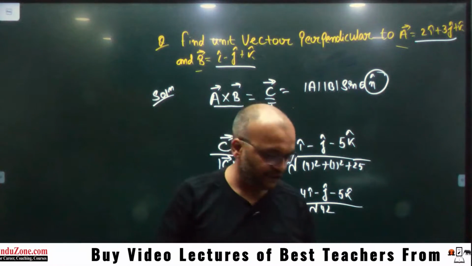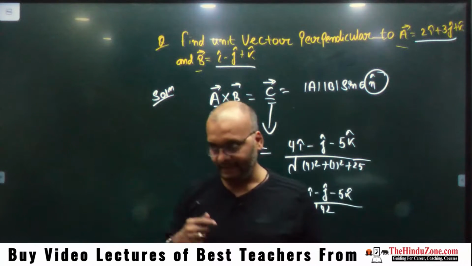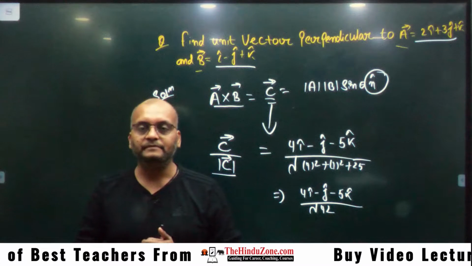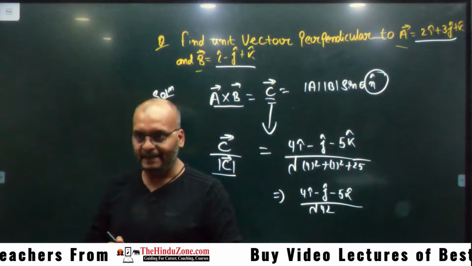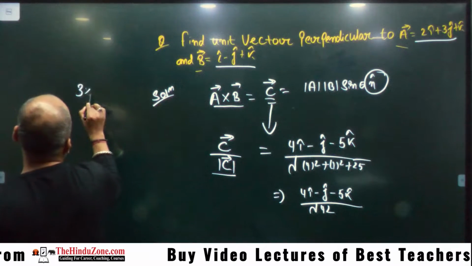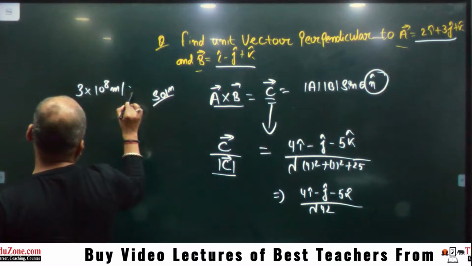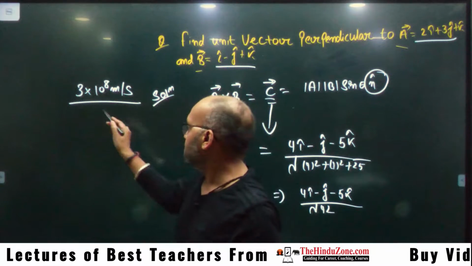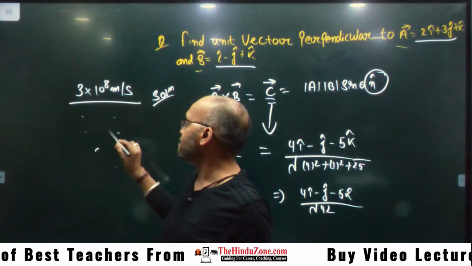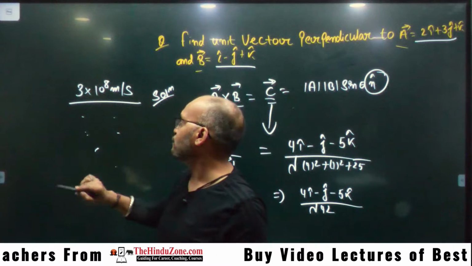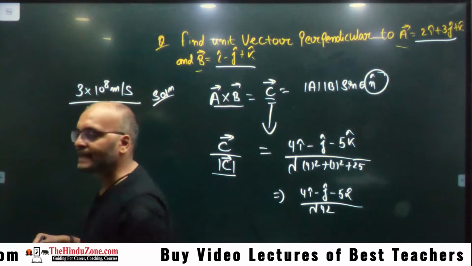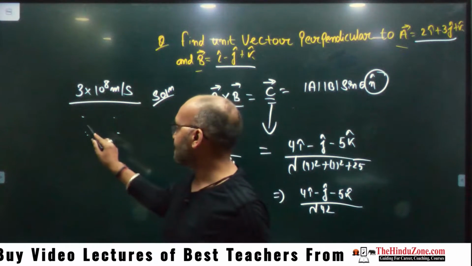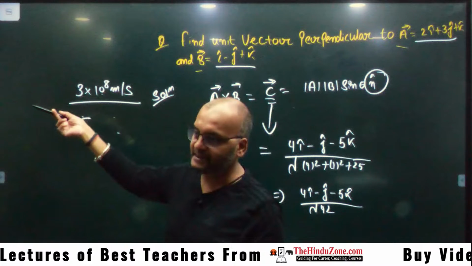Einstein said, and it is mentioned also in the SC Verma, that there is a place. What do we say is the maximum speed? Light, electromagnetic waves, 3 into 10 to the power 8 meters per second. So Einstein said there is a place where many particles are there, and each particle is traveling with respect to another particle with a speed greater than the speed of light.